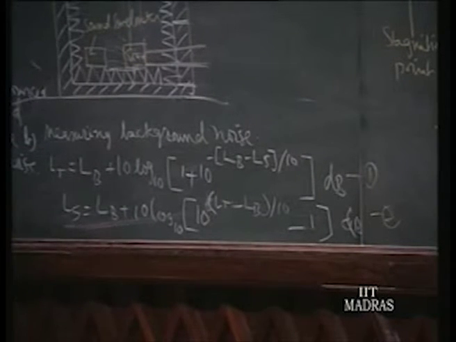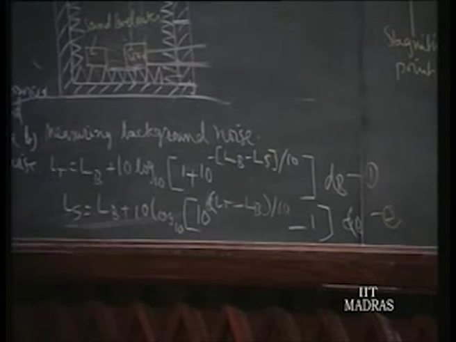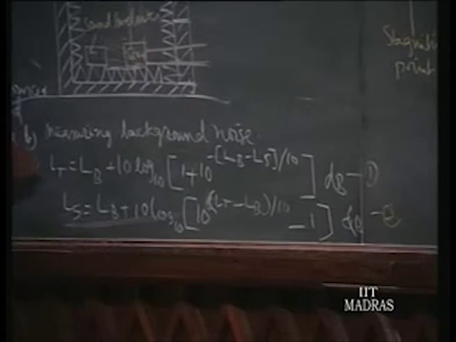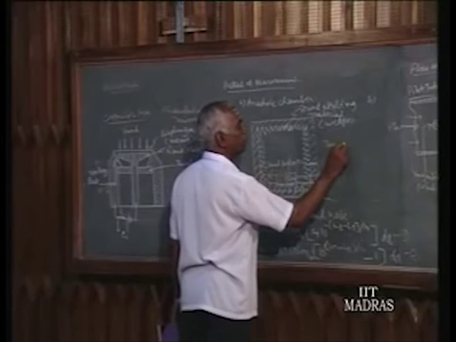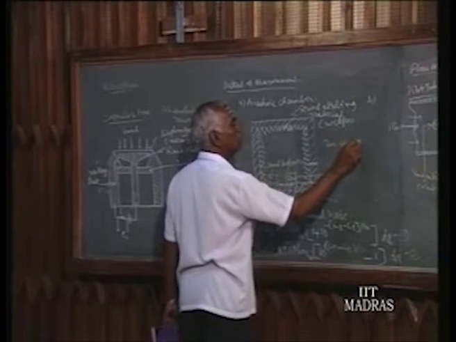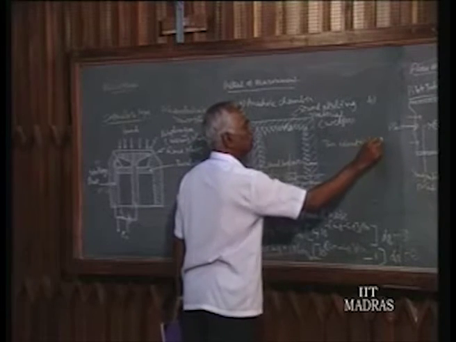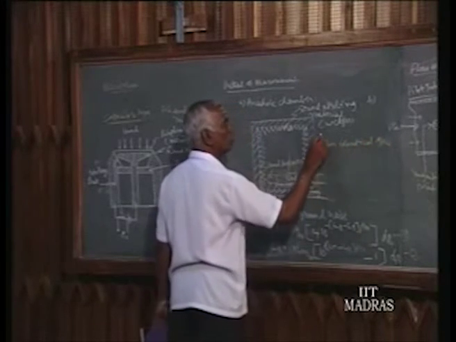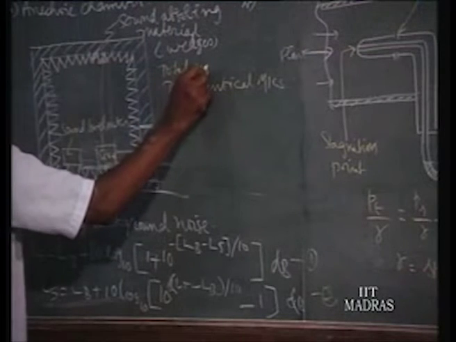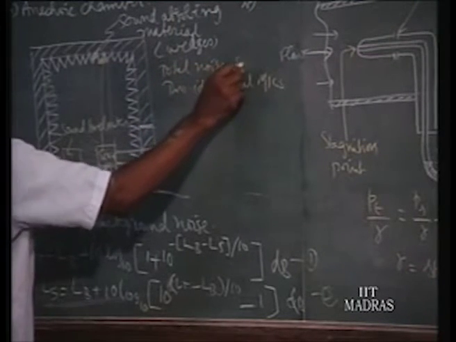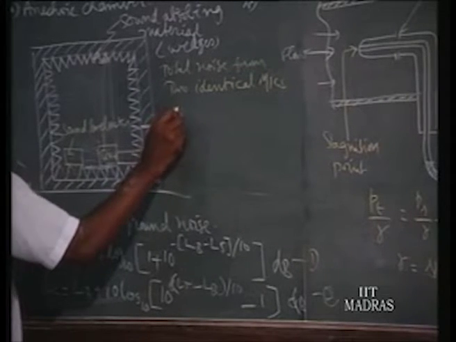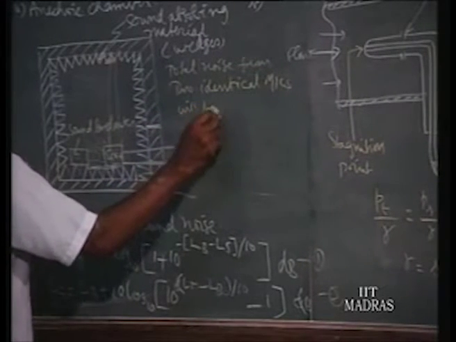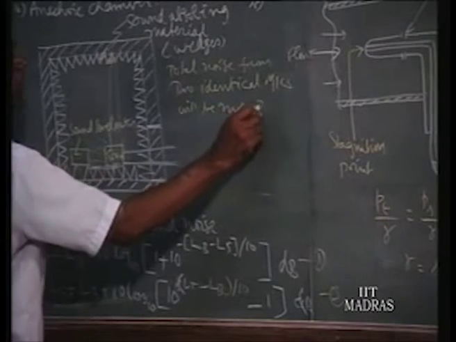So suppose 2 machines make the same noise, then you will find the total noise from 2 identical machines will be more by 3 decibels.